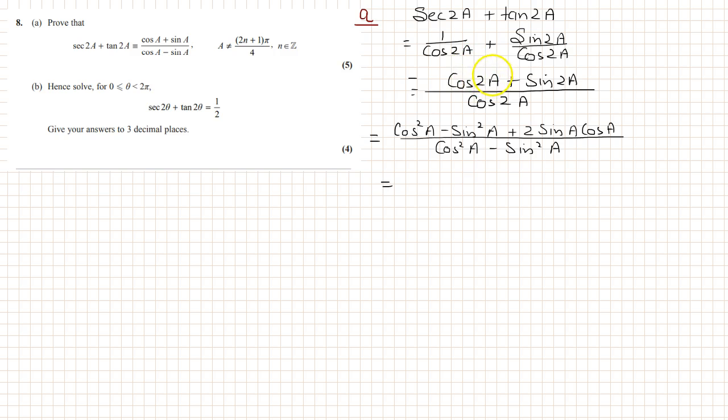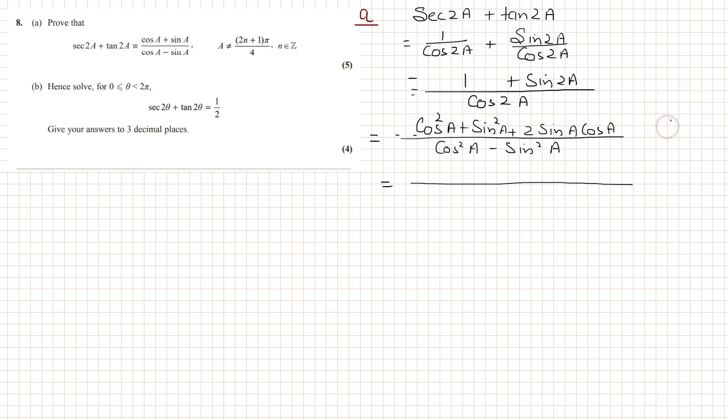This is already cos 2a, so it will be 1. And 1 can be written as cos square a plus sine square a. So this one will be cos square a plus sine square a plus 2 sine a cos a.